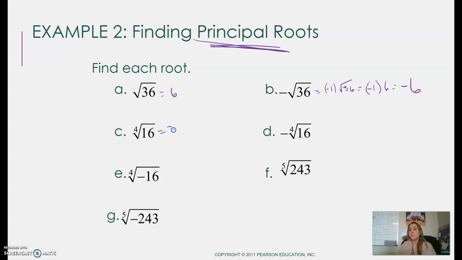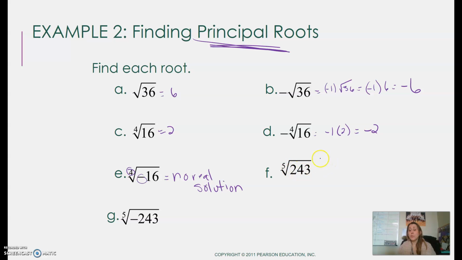That would simply be 2, because 2 times 2 is 4, times 2 is 8, times 2 is 16. And then the negative of it would be negative 1 times 2, or negative 2. But what about this one? The negative is underneath and my index is even. This does not have a real solution. This says no real solution.